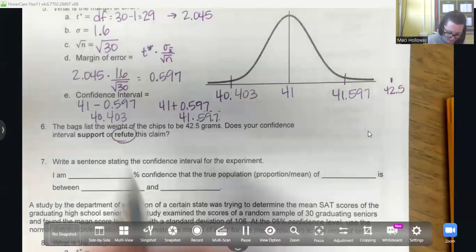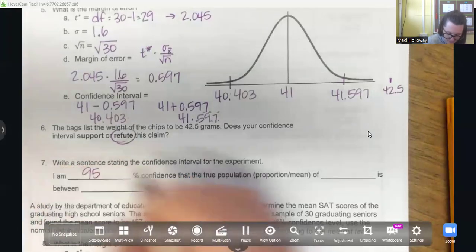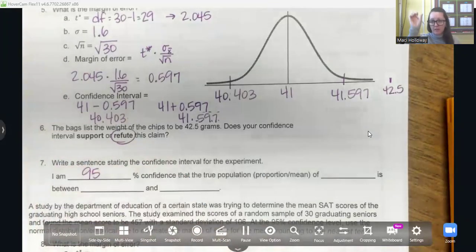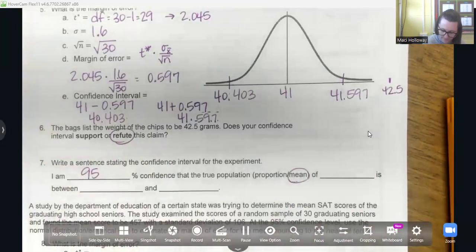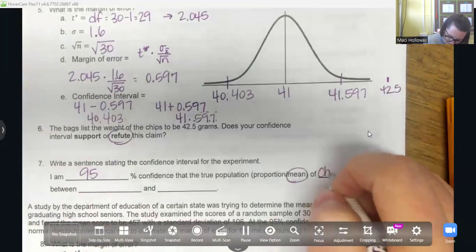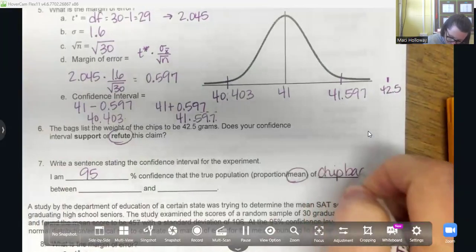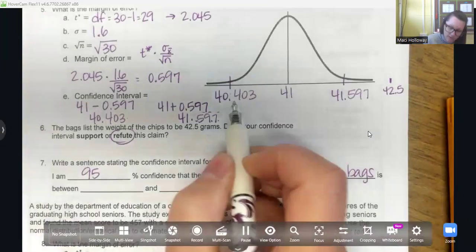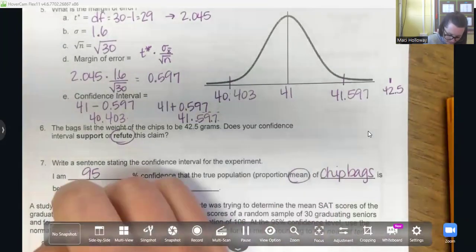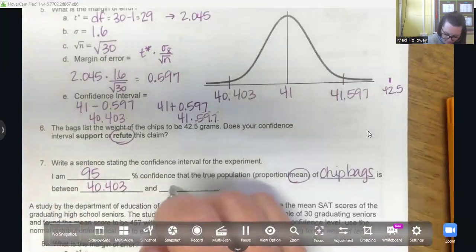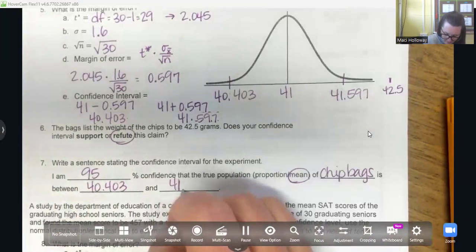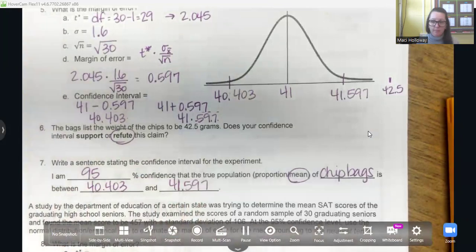So our confidence interval here is, I'm 95% confident, because that's the column that we chose, that the true population mean of chip bags is between our lower bound 40.403 and our upper bound 41.597.